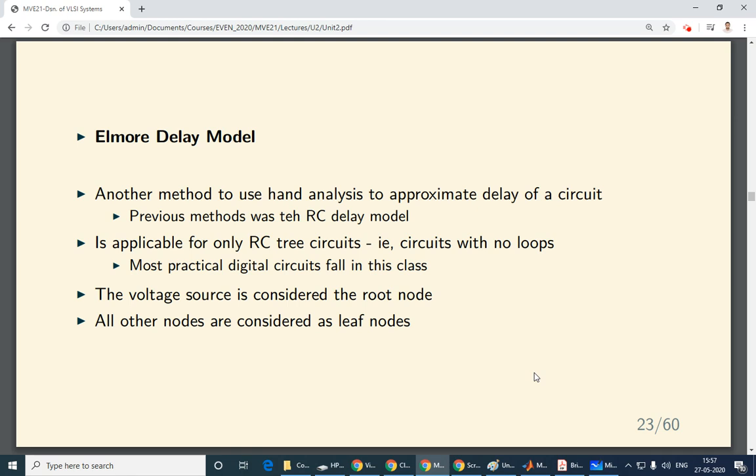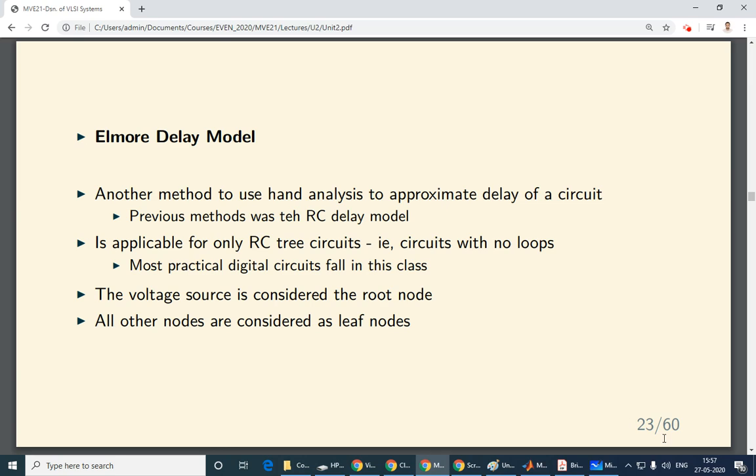The Elmore delay model is just another way in which we are going to calculate the delay. The most important difference is that in the Elmore delay model, we are going to include the intermediate nodes. We have many nodes in a circuit.